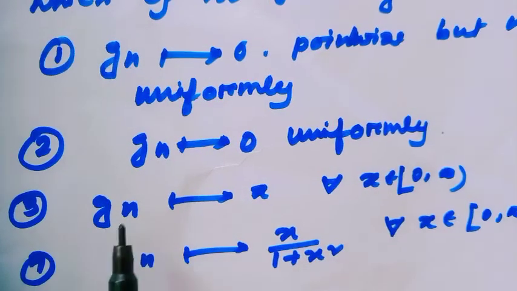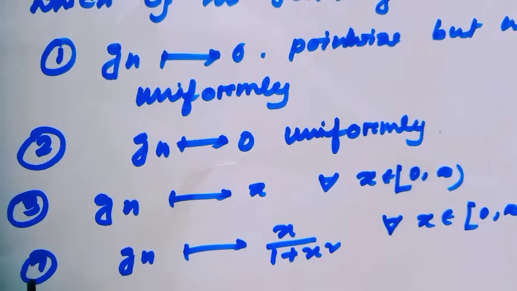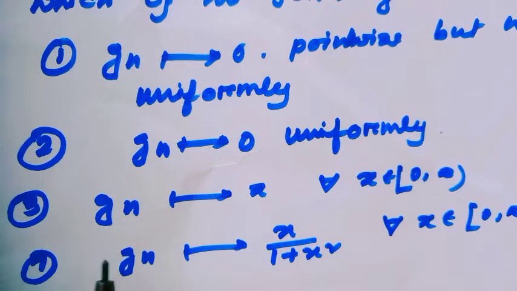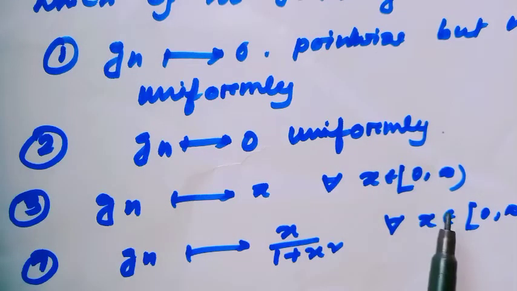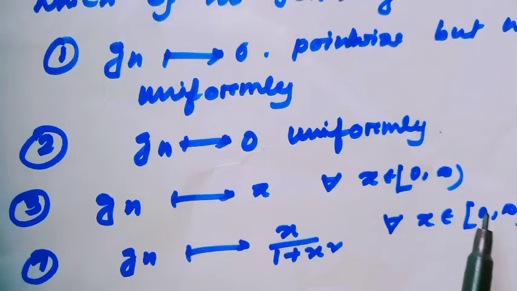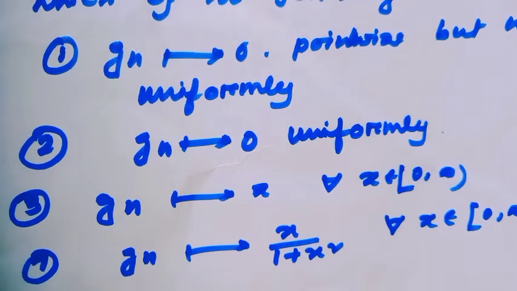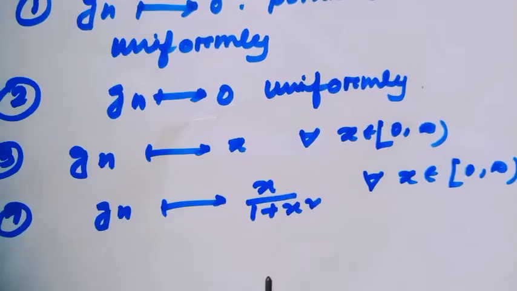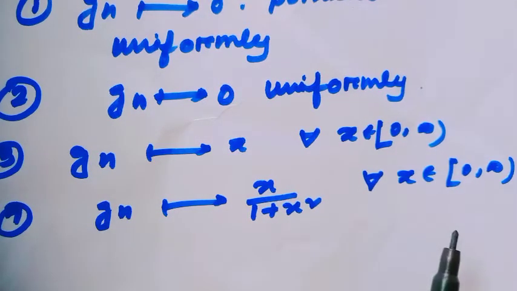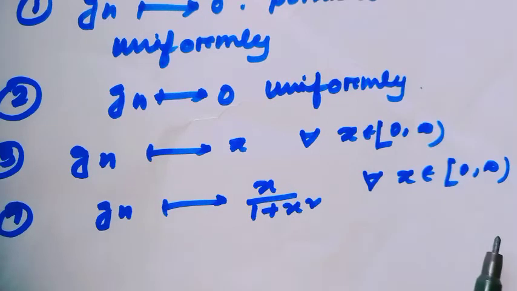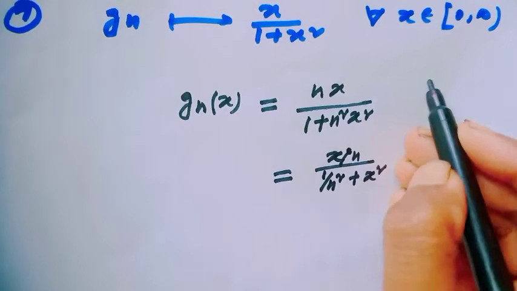Option 2, g_n converges to 0 uniformly. Option 3, g_n converges to x for all x belongs to [0, infinity). And option 4, g_n converges to x over 1 plus x square for all x belongs to [0, infinity). First I will check the pointwise convergence.